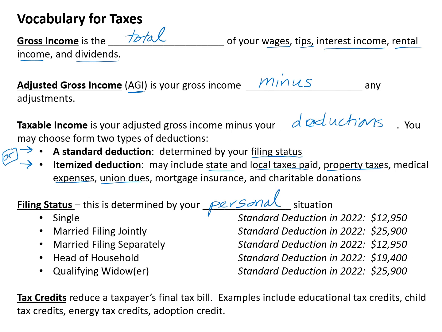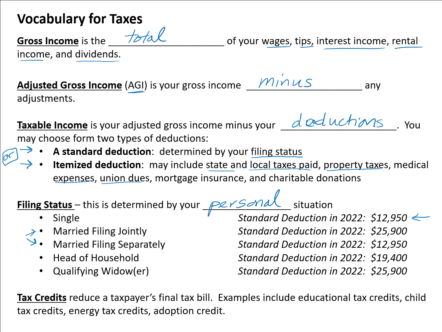If you are single, and that includes being divorced, your standard deduction in 2022 is going to be $12,950. Okay? The idea is you're basically taking care of one person, yourself. If you're married, you can file in 2 ways.